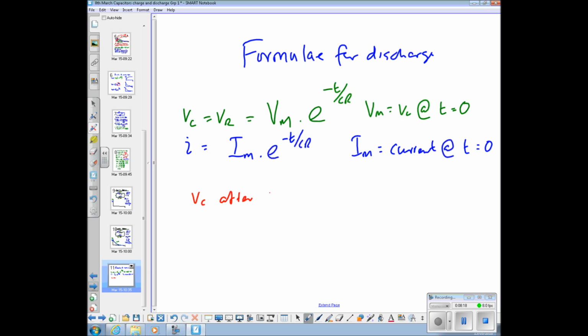VC after one time constant for our circuit, VC is equal to 10 e to the minus 1 over 1, and I think you'll find that should be what value?